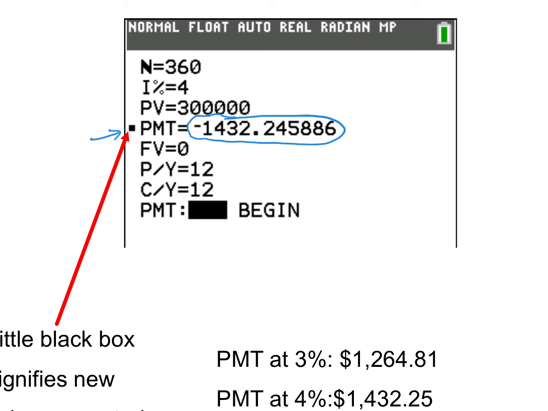And I've got a little black box next to it. When you have just had the calculator figure out a number, they put a little black box here saying, I figured out this one for you. It's like, this is what you alpha solved for. Okay, so we knew all these other numbers, but we didn't know the payment, and we calculated that one with alpha, the green button, and then solve, the bottom right button.